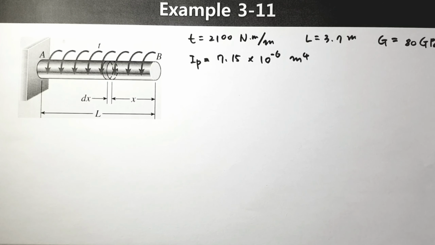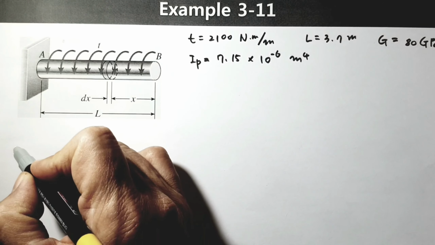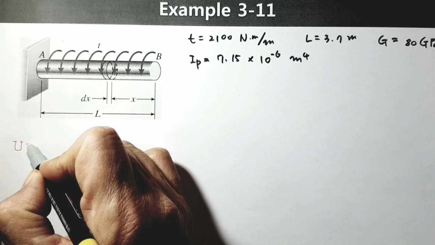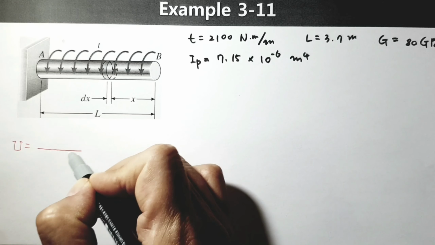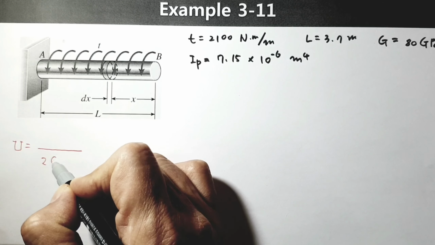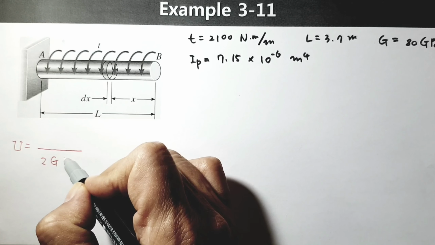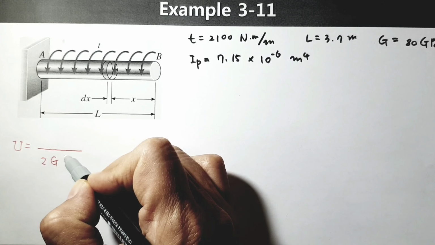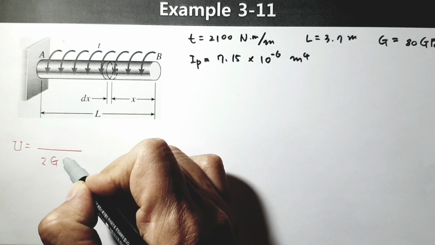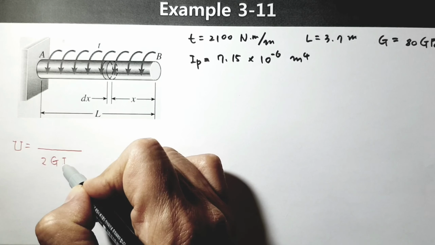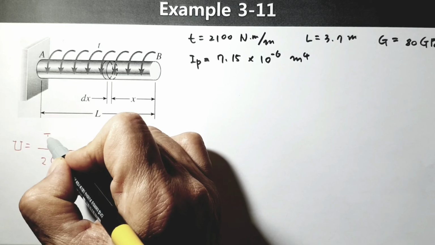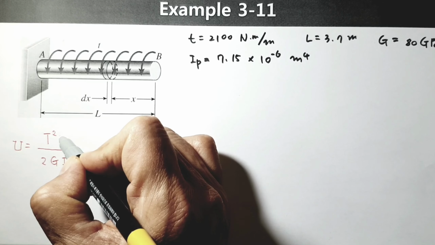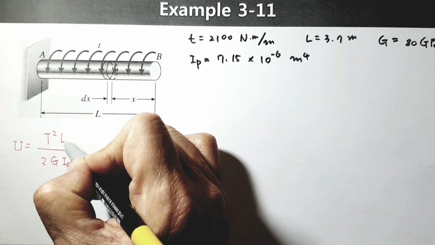So far we considered the strain energy. Strain energy U is calculated with this formula: T squared L over 2G IP, where G is the shear modulus of elasticity, IP is the polar moment of inertia, and T is the torque.